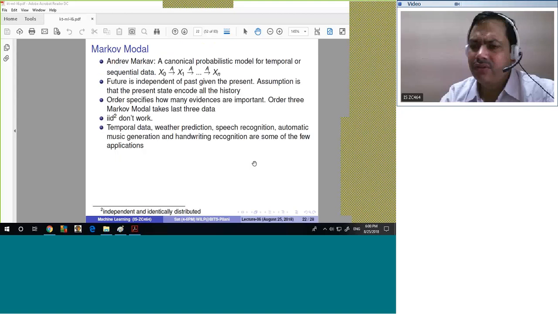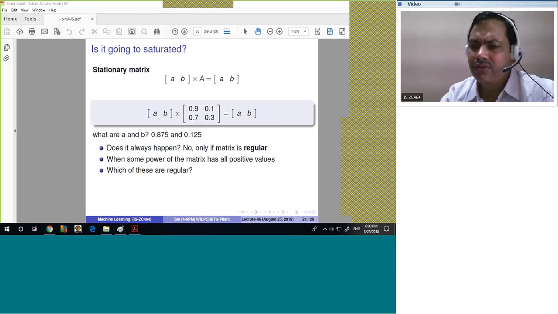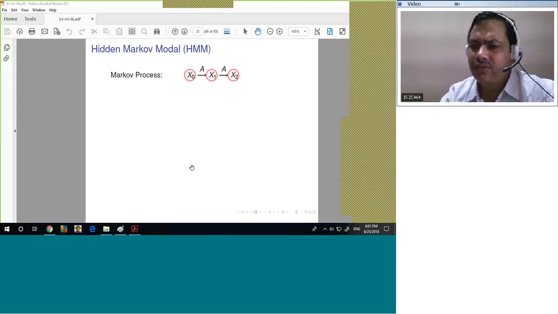Also, we have seen that the Markov model gives you the understanding that if you tell me what the state is, then I need not understand what happened earlier, and there is a fixed process that is always applied, and therefore the states are changing. We saw an example showing that after some time things are going to saturate. Then we saw the hidden Markov model, a very important model applied in many places.